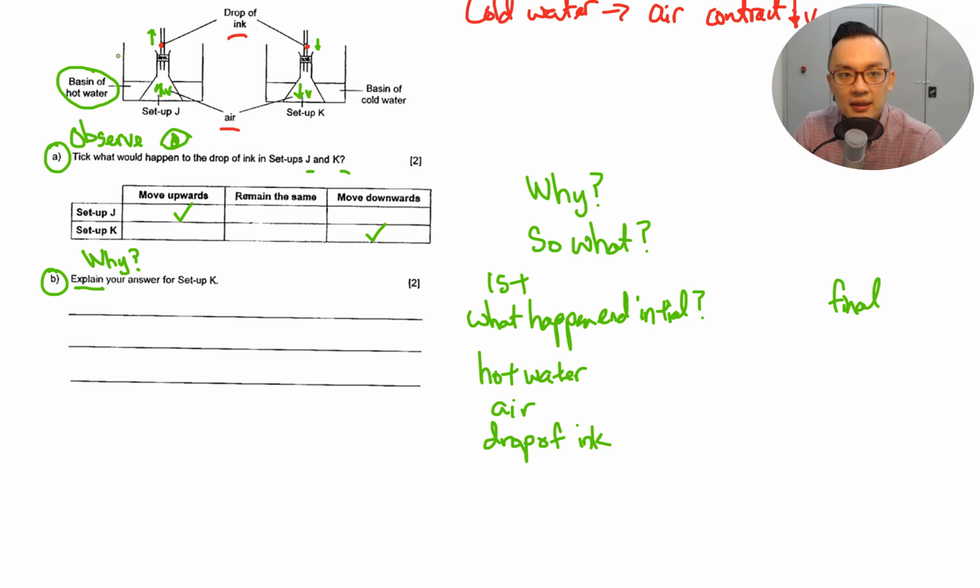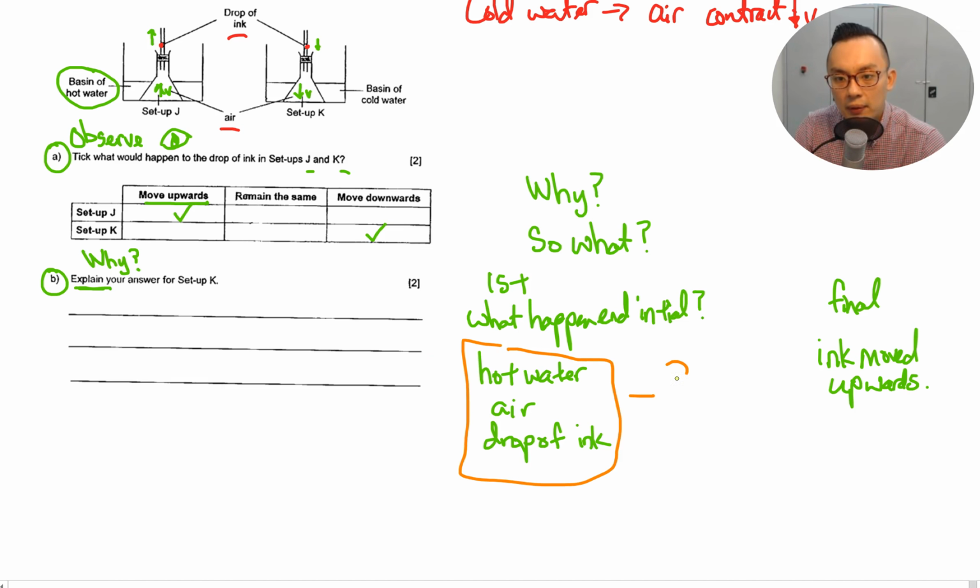The ink moved upwards. So when the teachers say explain your answer in setup K, they want to know, initially I have these conditions. What happened such that my ink moved upwards? What are the scientific explanations that can help me understand why my ink moved upwards?